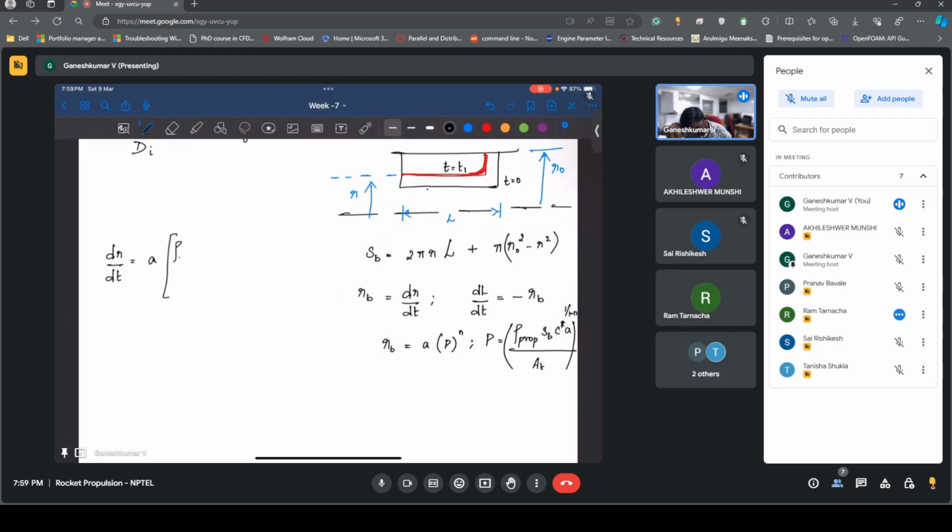Just for the sake of completion, I am writing this here. When I say I solve it, you can solve it using numerical methods. dr by dt and dl by dt is equal to minus rb, and sb is equal to 2 pi rl plus pi into r naught square minus r square.